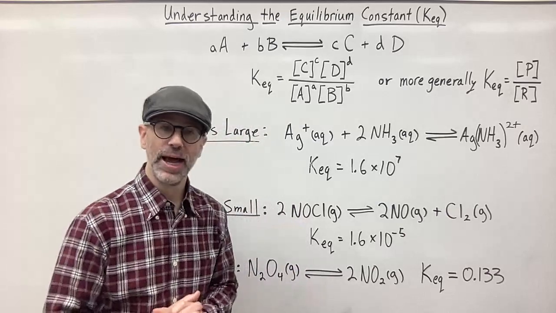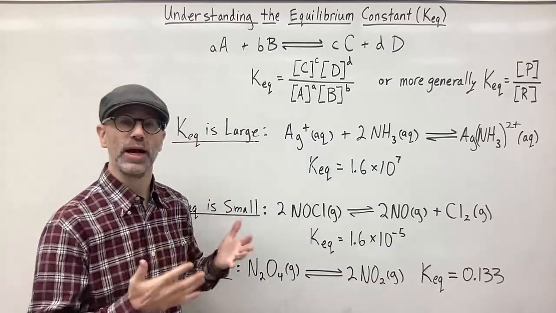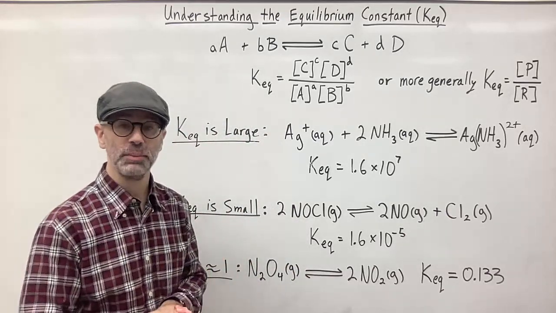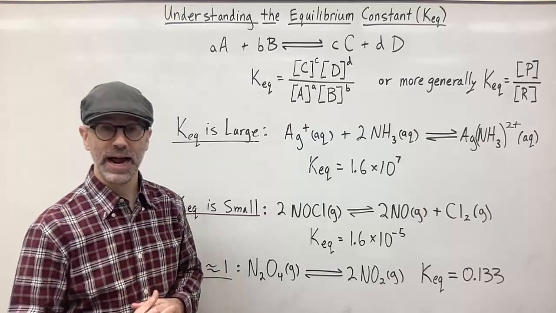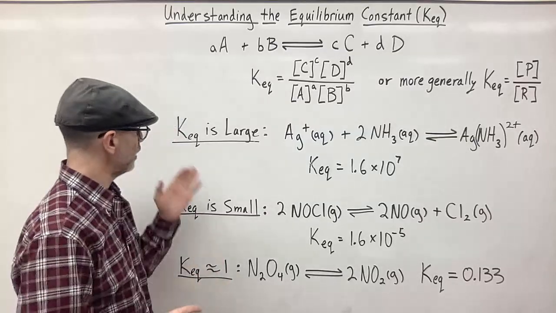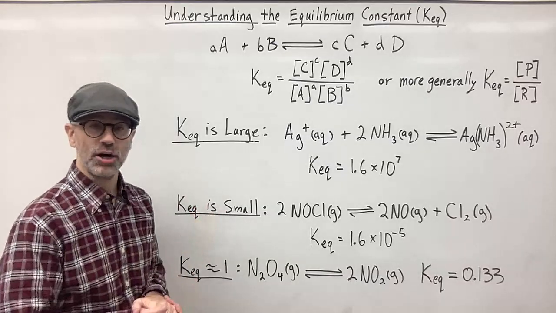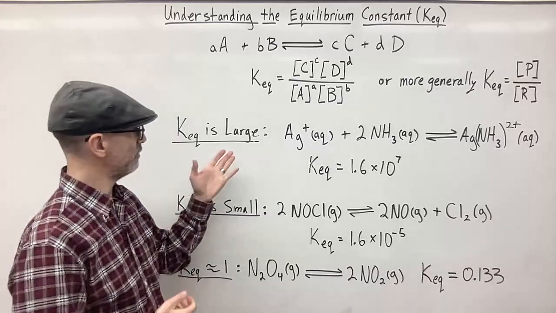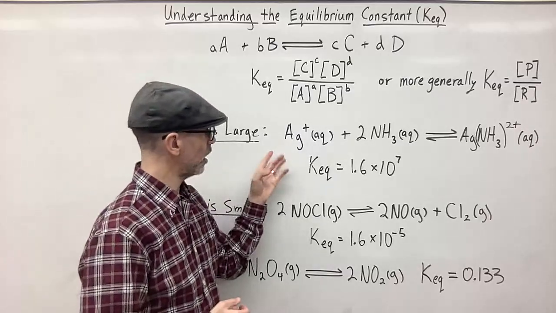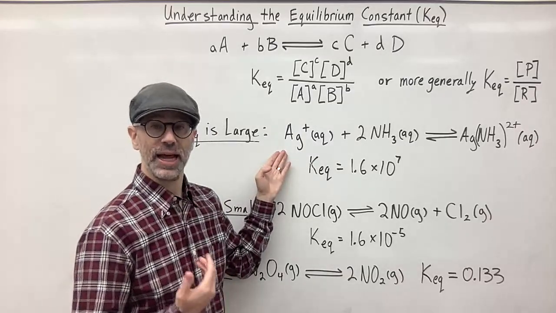So let's go ahead and look at what K means and what K can tell us about the equilibrium of different reactions. So what if KEQ, the equilibrium constant, is large? Here we have an example of a reaction where the KEQ is large.